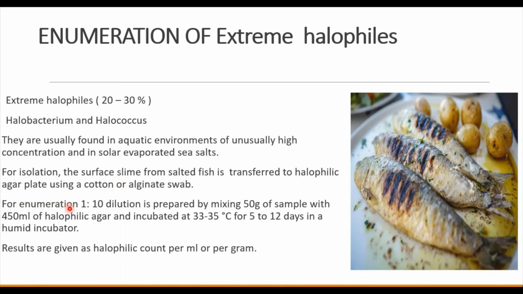And for enumeration, a 1:10 dilution is prepared by mixing 50 grams of sample with 50 ml of halophilic agar and incubated at 3 to 35 degrees centigrade for 5 to 12 days in a humid incubator. And the results, as we know, we are going to take as a colony count, that is colony forming units per ml or per gram. So this is how you're going to have the halophilic count.